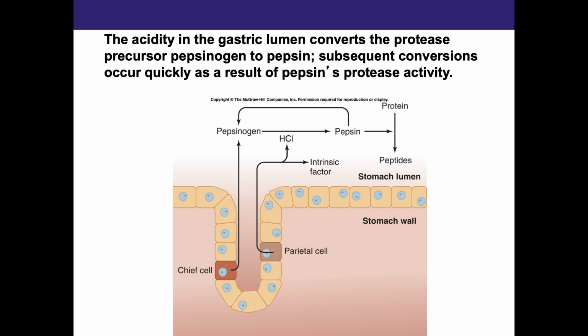And then once pepsin is formed, it actually converts more pepsinogen to pepsin. That's kind of a positive feedback, right? To amplify the response. Pepsin is the active form of the protease, and it actually does break down proteins to smaller peptides.